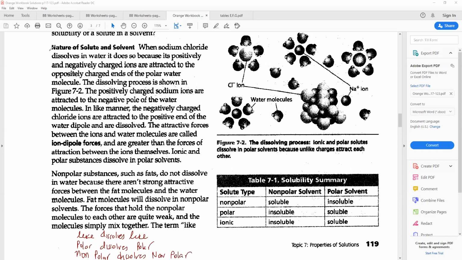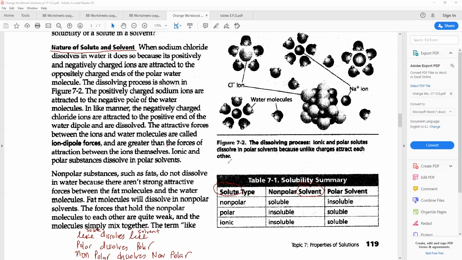So when they say the nature of solute and solvent, what do we have in a solution? Well, we have the solute and the solvent. For those two to mix, the solute and the solvent have to have similar polarity.